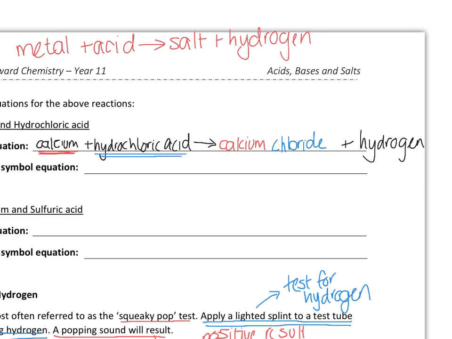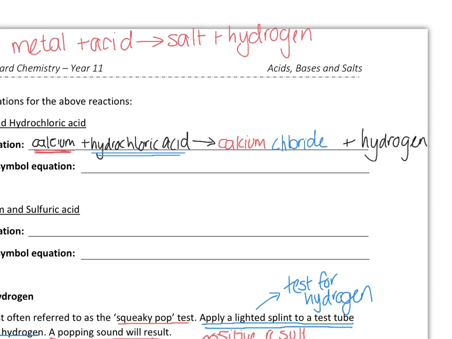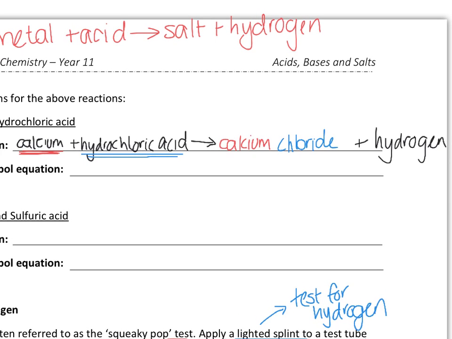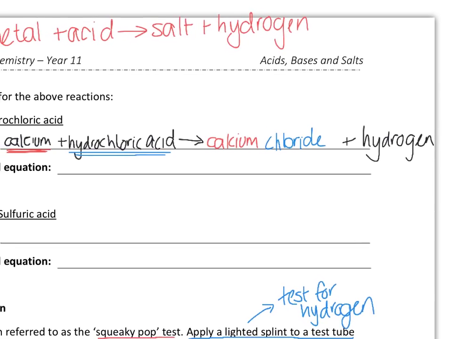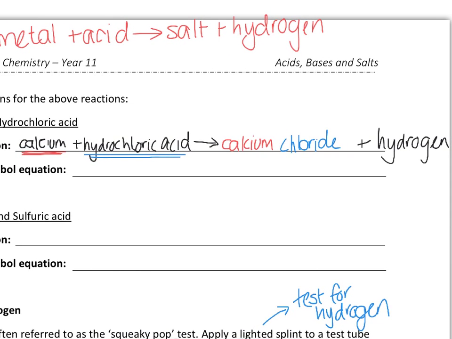So we'll do that one by one, and do this stepwise, one by one. So the first thing we have is calcium. What is the formula for calcium? Well, that one's easy. I just look to my periodic table and see that calcium is Ca.